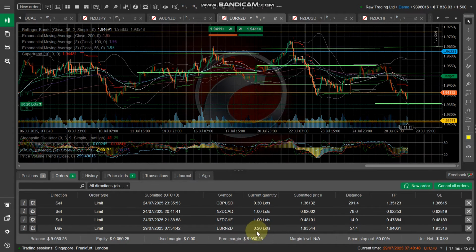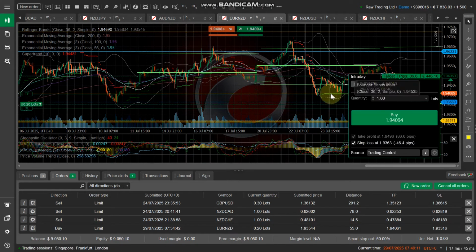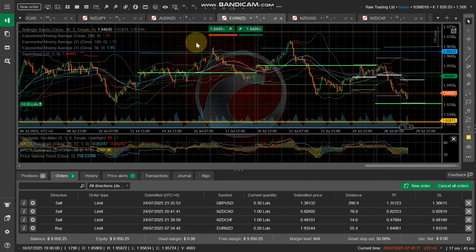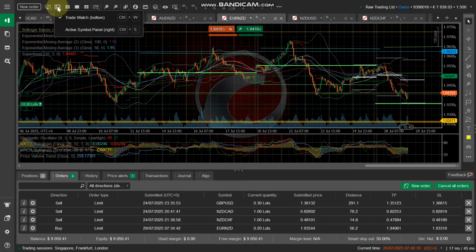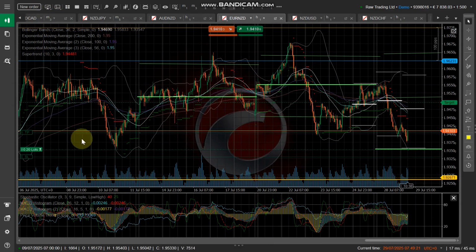This is important that I know 0.2, because I don't want to put one lot, as it goes so quick with the thing that I'm not sure about. I just put a buy limit randomly on it. If it triggers, I'd be happy to watch closely to prepare to do something. Okay, I'm done with Euro New Zealand.